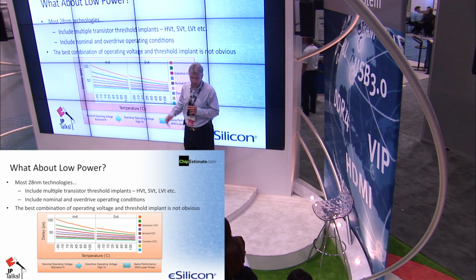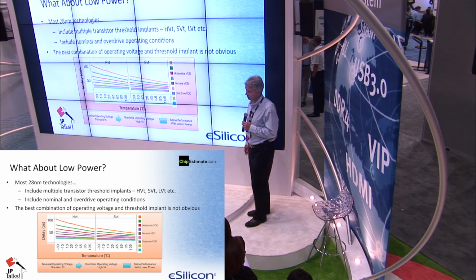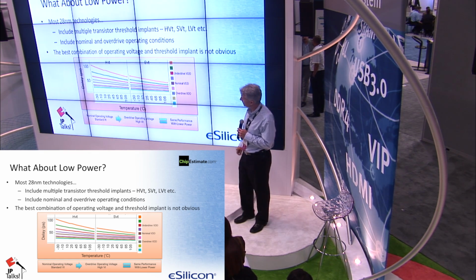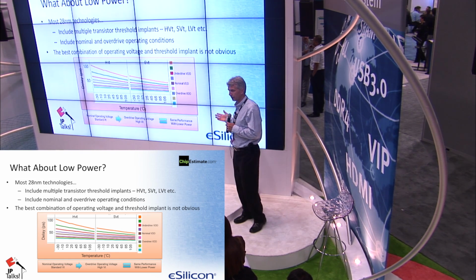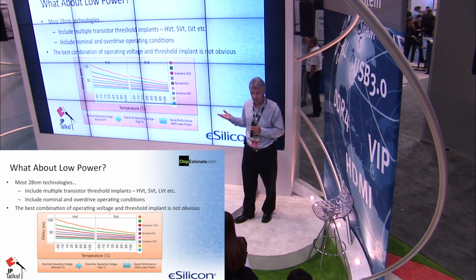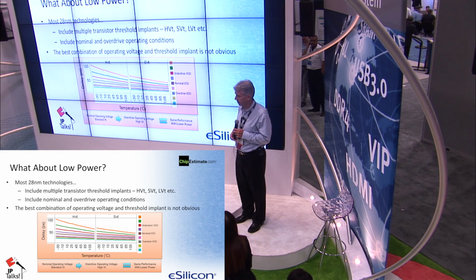So what you'd expect is that to get any kind of acceptable performance from a leading edge technology like this, you would need to use SVT transistors. You would also expect that you wouldn't want to increase voltage because power is always proportional to voltage squared, as we all know.